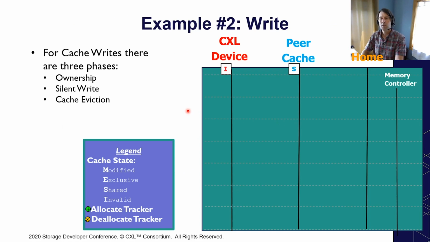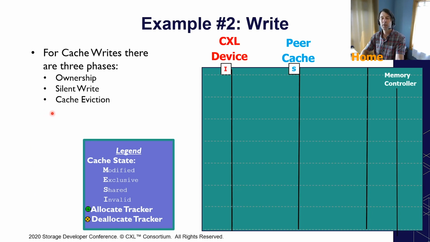Okay, so getting to the next request type, we'll look at a write. Writes with a cache are normally done in 3 phases. We have the ownership phase, where we're getting cache ownership of the line, exclusive or modified state. Then the device will do the silent write within the cache.